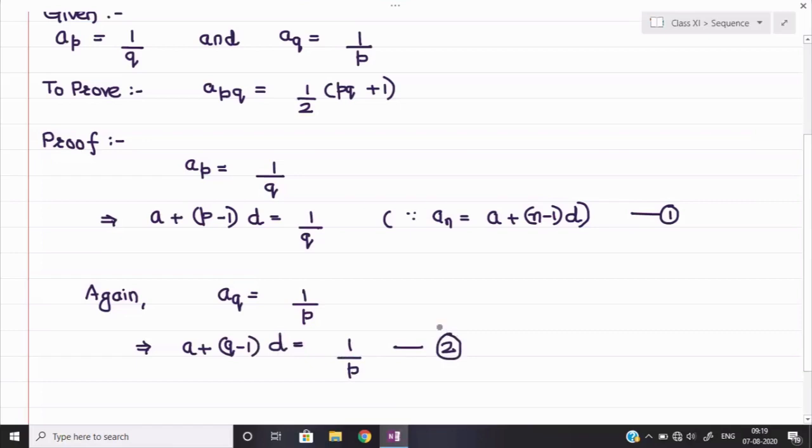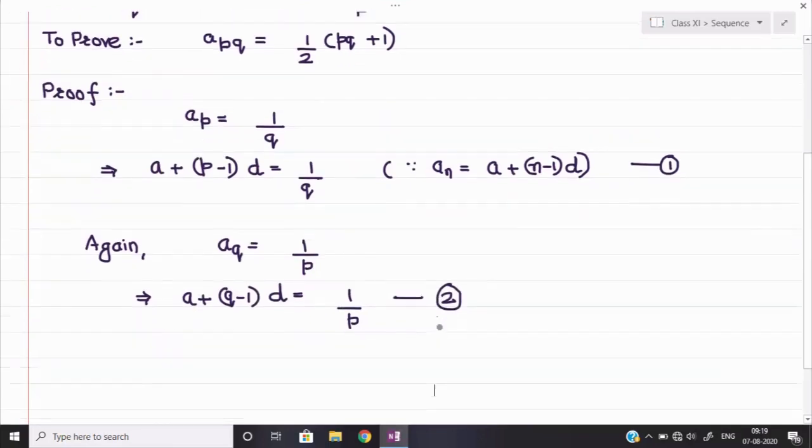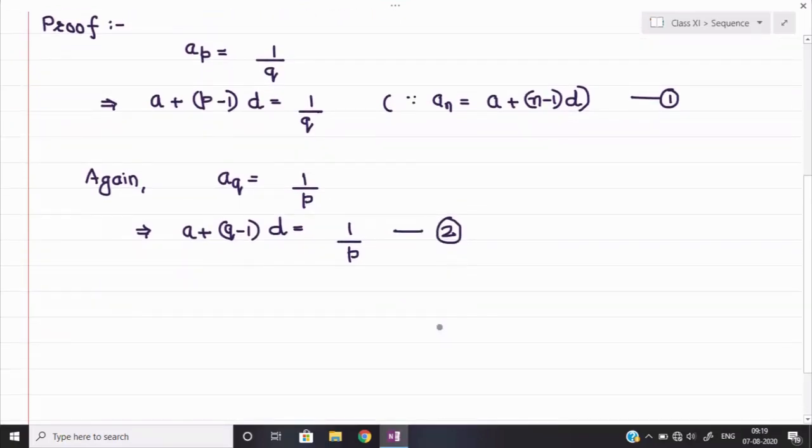Now see, actually the first and second equations are two linear equations in terms of A and D, where P and Q I am supposing constant. So here I will try to find the value of D. The value of D I will place in equation 1 or 2 so that I will get the value of A, and after that I will find the sum of PQ terms.